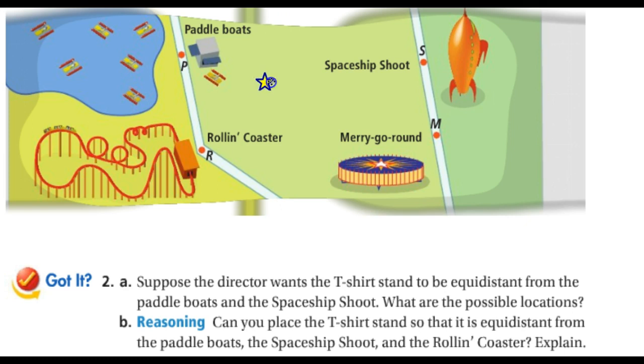If you can only put up one t-shirt stand and you set it up over here, well, the paddle boats and the roller coaster people might get off their rides and walk over and buy a t-shirt. But the spaceship chute people may not walk all the way over there. It might be too far. So the director can only afford one stand. He wants it to be equidistant from the paddle boats and the spaceship chute, which is right here. So what are the possible locations?